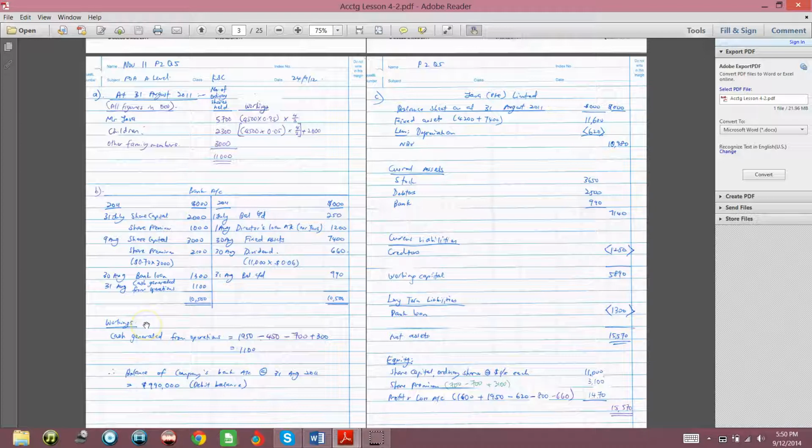Okay, so one more thing. The question says that during the period 30 June to 31 August, the company made a profit of 1.95 million. If you made a profit, that will cause money to come in. But cash profit is different from accounting profit, so we have to make some adjustment. We call this cash profit, or cash generated from operations.